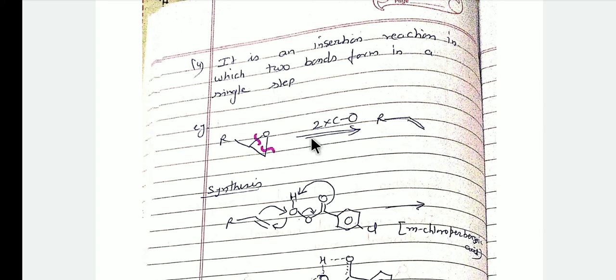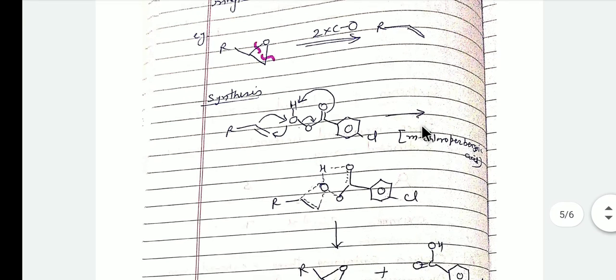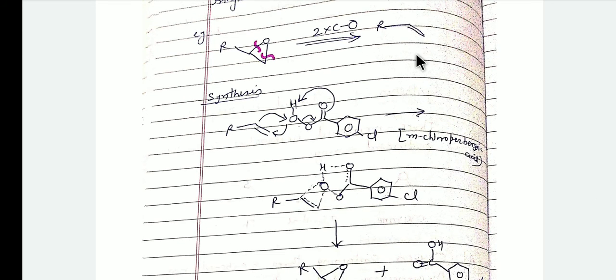As an example of disconnection of this alkyl oxirane, the two C-O bonds disconnect at once, so we get this type of alkene. Now when the synthesis is carried out, the alkene is taken as a starting material, so the reaction of this alkene with MCPBA, meta-chloroperbenzoic acid, follows this type of mechanism.